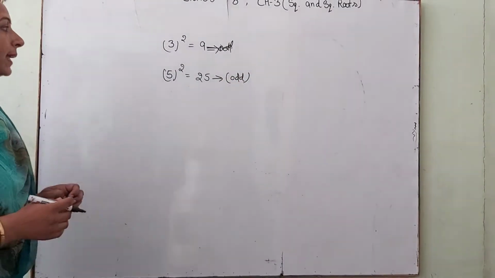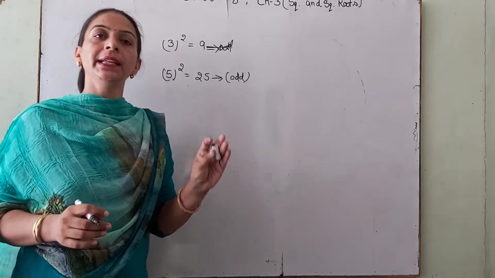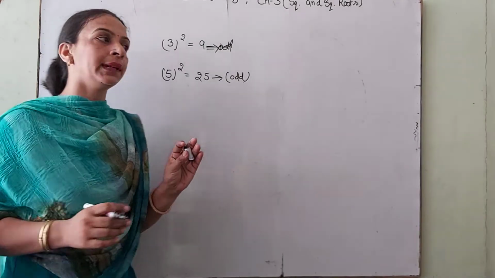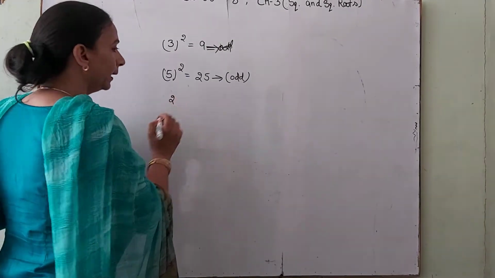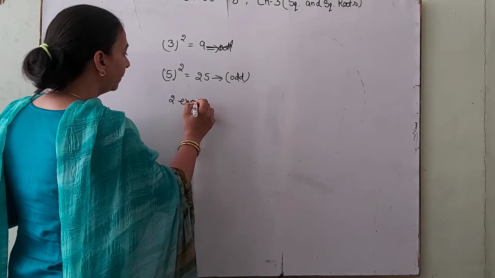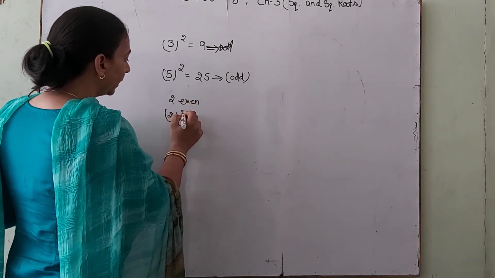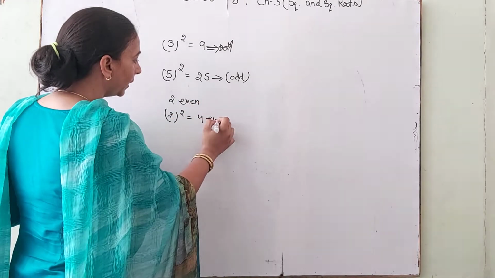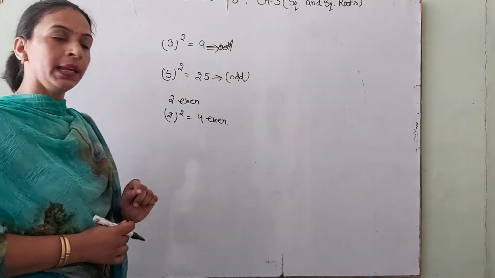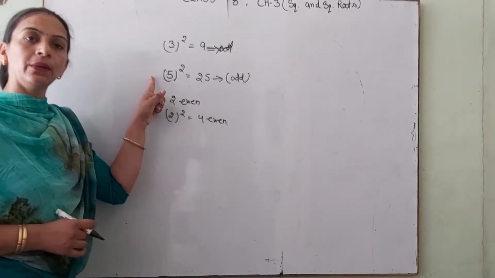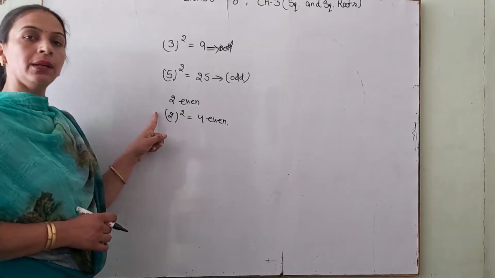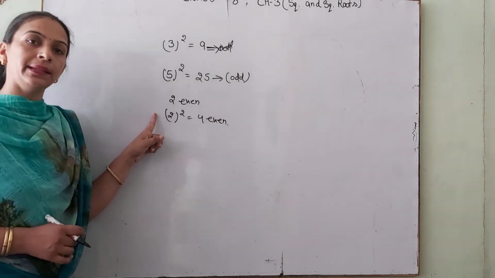In the same way, the square of any even number is always even. For example, 2 is even, the square of 2 equals 4, and 4 is even. So the square of an odd number is always odd, and the square of an even number is always even.